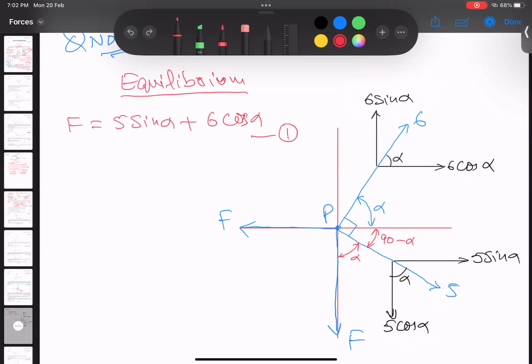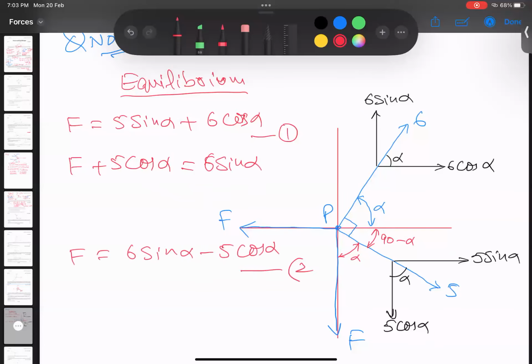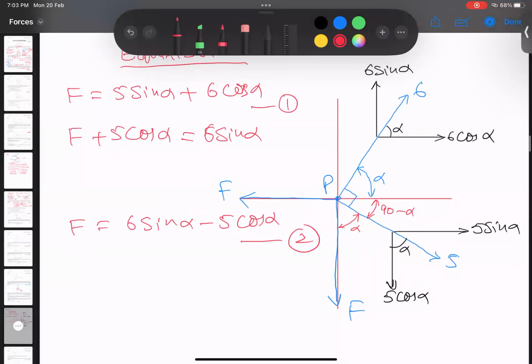So I'm going to make another equation. I'm adding these two here: F plus 5 cos alpha equals this one, 6 sine alpha. But I will bring this part here to make F the subject. When I bring it to the other side, it becomes 6 sine alpha minus 5 cos alpha. Equation number 2 done.